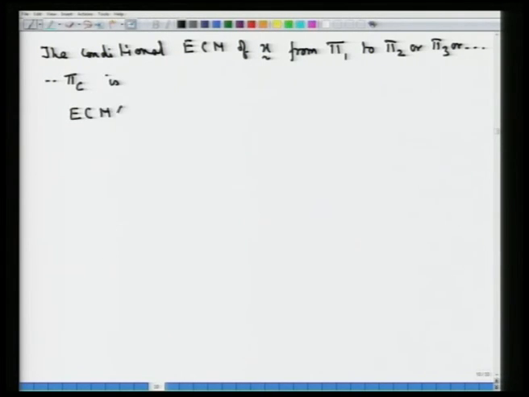So, this is the conditional expected cost of misclassification of an observation x which is coming from pi 1 into any other population other than the first population pi 1.